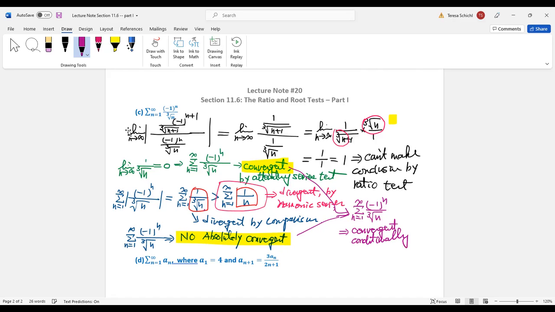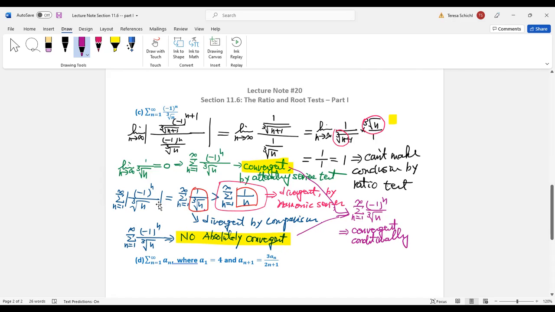Correct? Because this one is a very interesting one. First we use the ratio test, and we say, oh, the ratio test is inconclusive. We cannot make a decision. Then we say, okay, what do we do? The second thing, this green one here, we use the alternating series test. Then we find that this is convergent. Then the blue one here, we take a look at whether this is absolutely convergent.